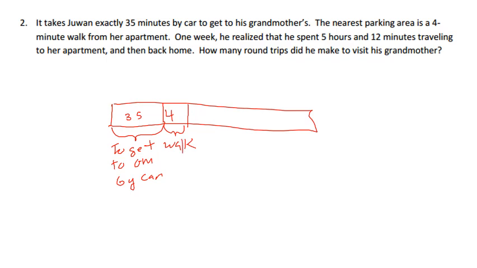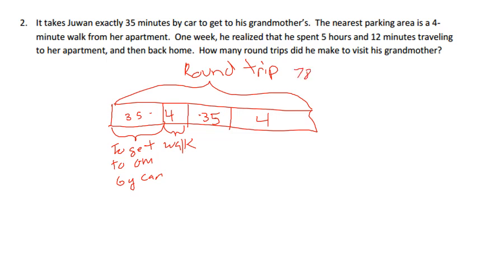Now, that was one way. So you can see there'd be another 35 and another 4. So this would be the total of a round trip. And I'd say 35 and 35 would be 70. So this total round trip would be 78 minutes.